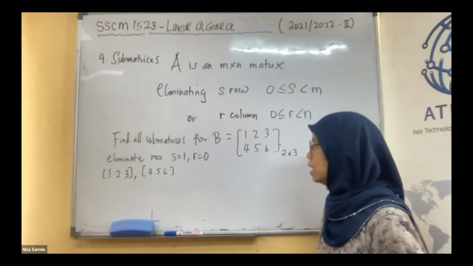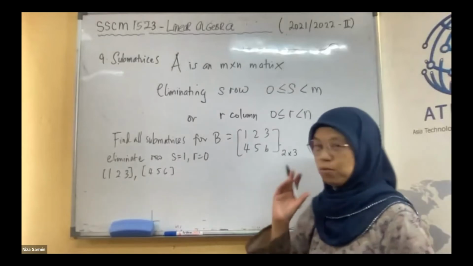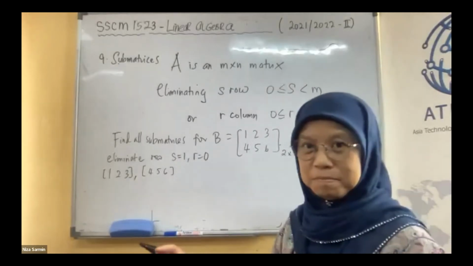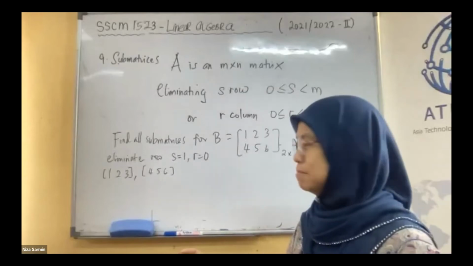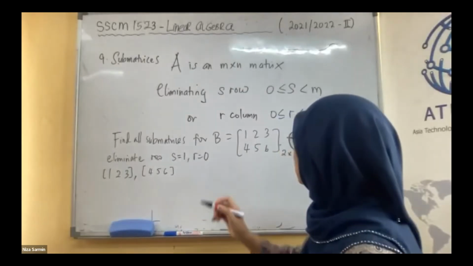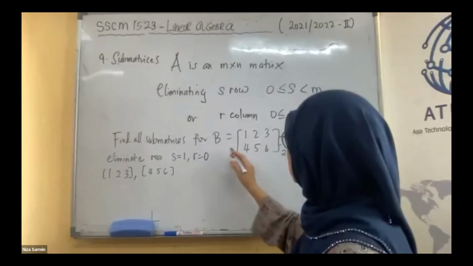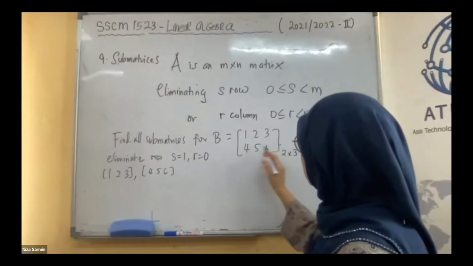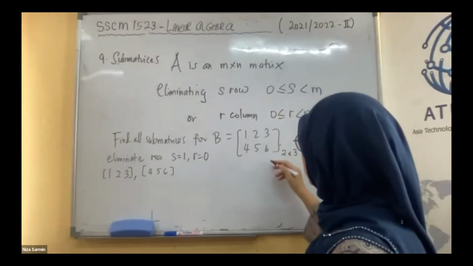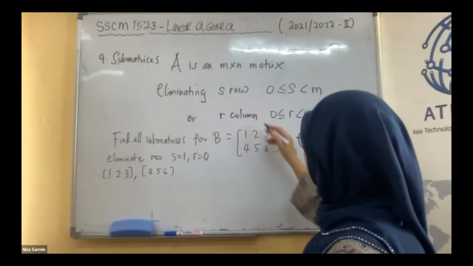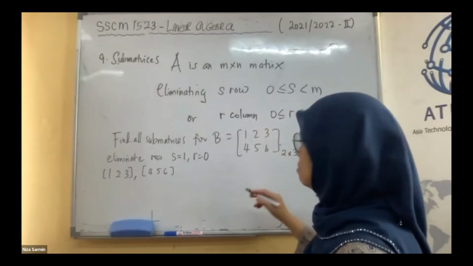Okay. Now, if you eliminate 1 row, 1 column, what will you get? Like you eliminate this row and this column, right? Or this row and this column, and this row and this column.